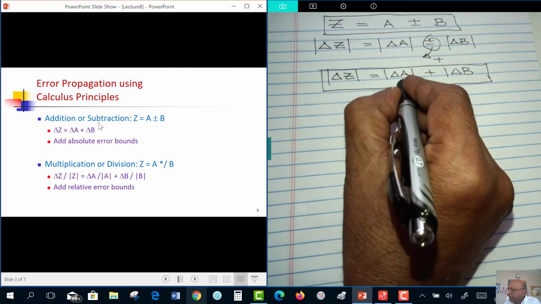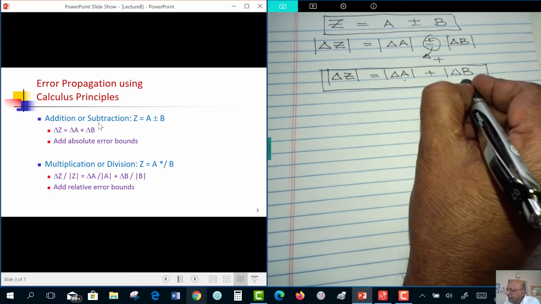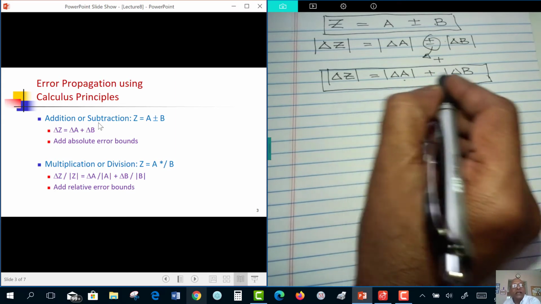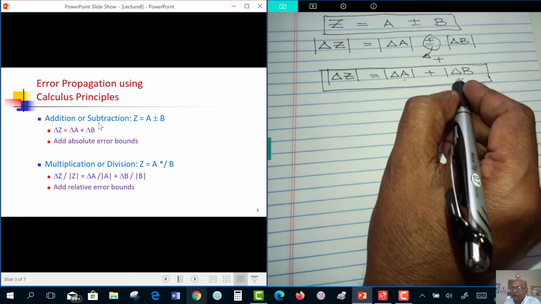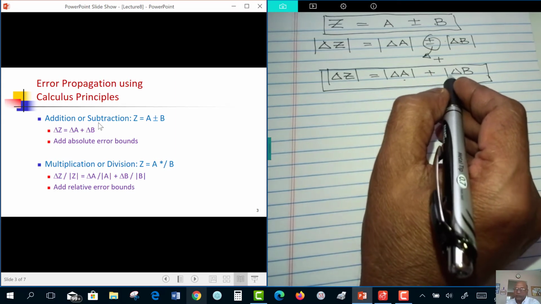And you can see that these are related to correct decimal digits. So we are basically adding absolute error bounds. So let's see some examples.